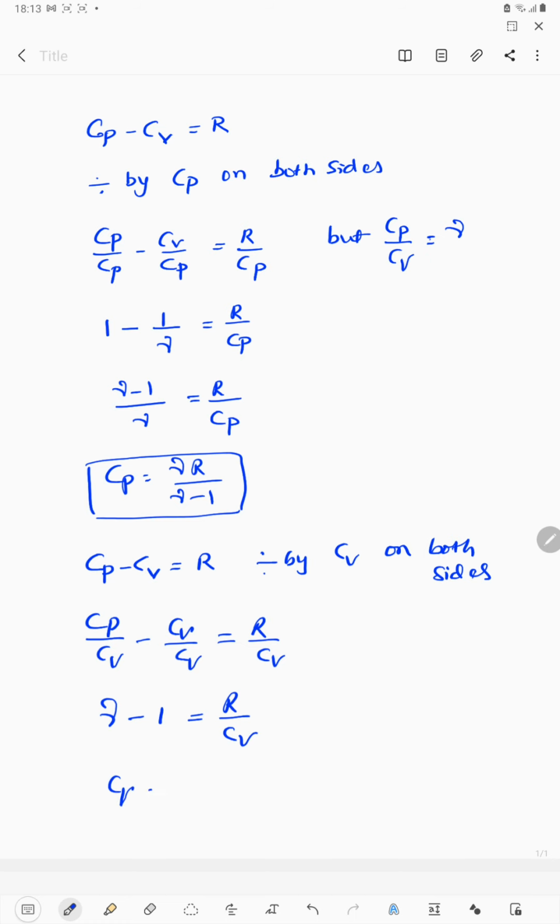Then we need Cv here. Cv is equal to R divided by gamma minus 1. So you need to remember these two expressions for future reference, students. The expression for Cp and the expression for Cv, that is the value of the specific heat capacity at constant pressure in terms of gamma and R, and also for Cv.